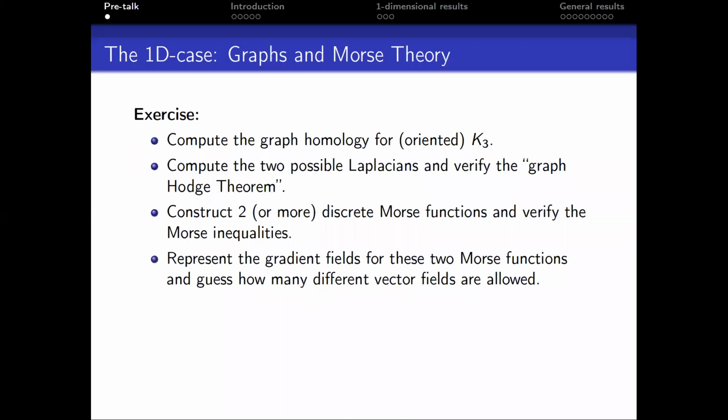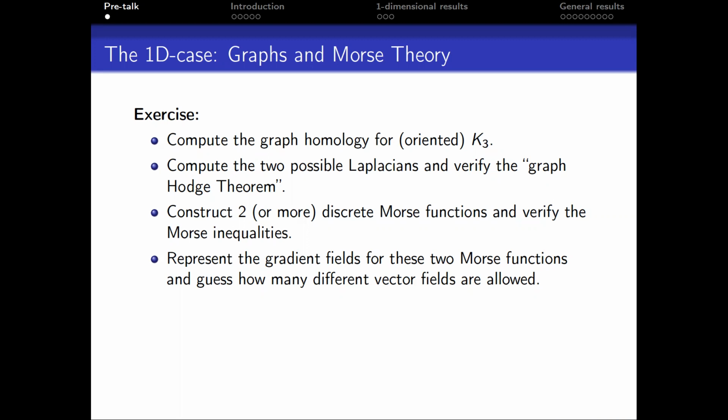Just to remind you what we did in the pre-talk, we did one particular instance of this that is just a graph, a one-dimensional simplicial complex. It was K3. We saw that you can produce something called the graph homology, some sort of invariants, number of cycles, number of connected components, and that is related to critical cells for a Morse function.